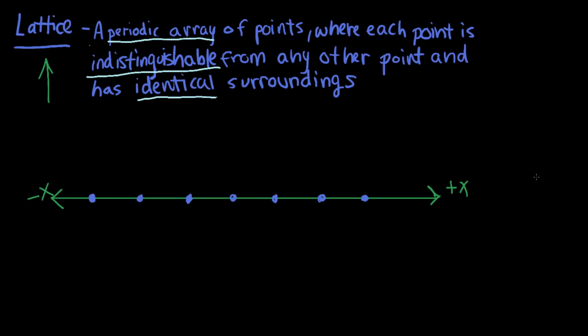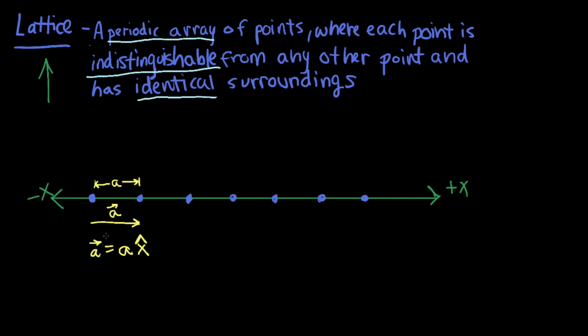These points are each spaced a distance a, and I can define a vector between 2 nearest neighbor points. We'll also call that the vector A, where the vector A equals the magnitude A times x hat, or a unit vector in the x direction.